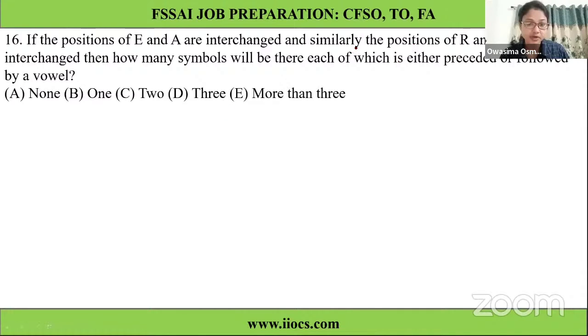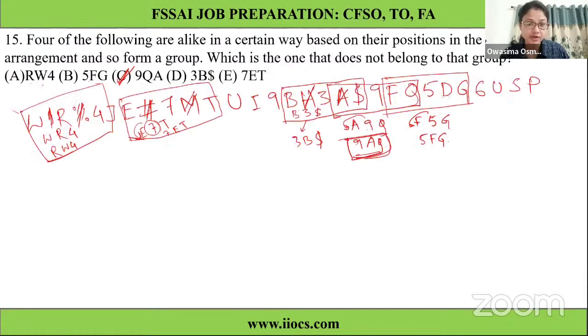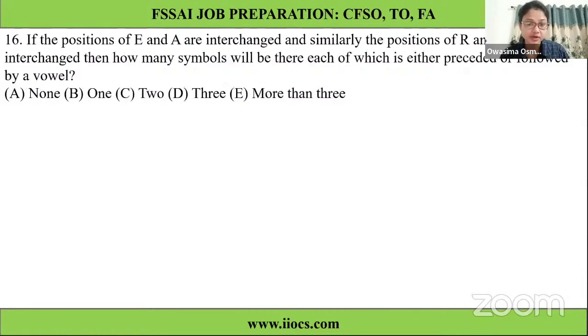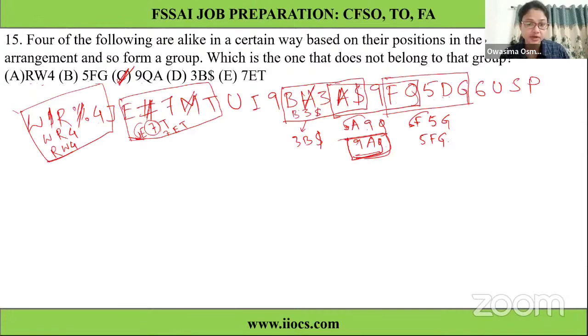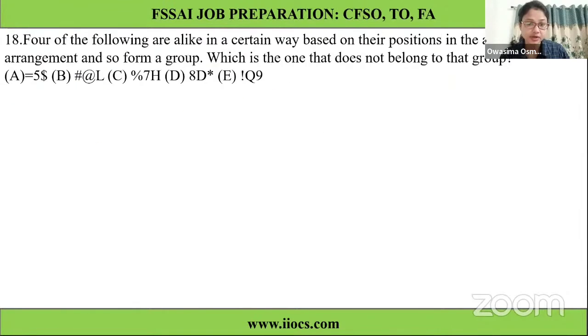And similarly, the position of R and U are interchanged, then how many symbols will be there? So just interchange the position, just write down the series. It will be more helpful.